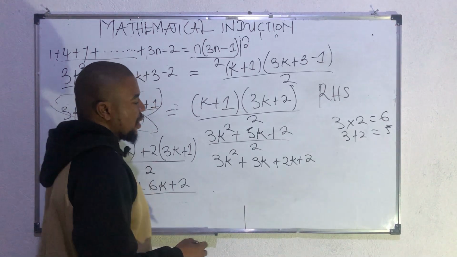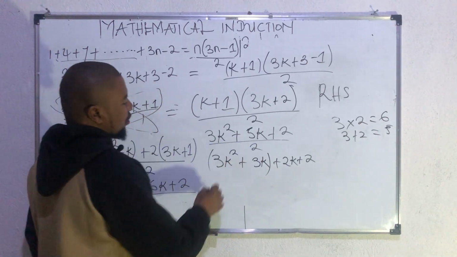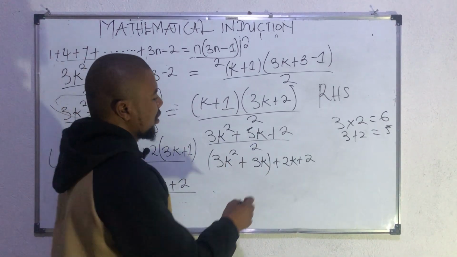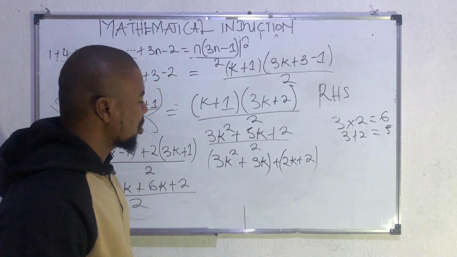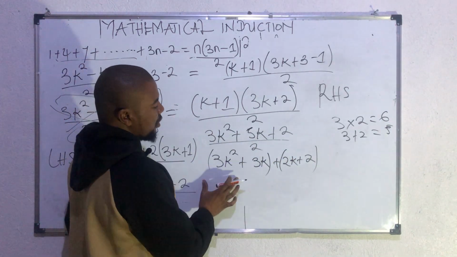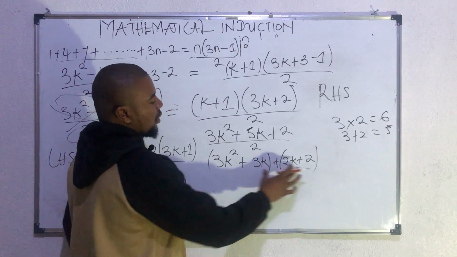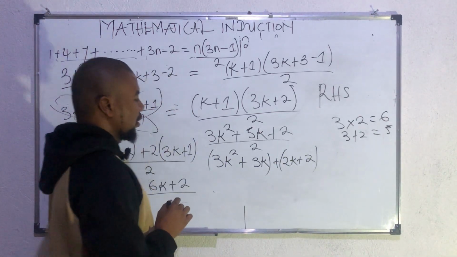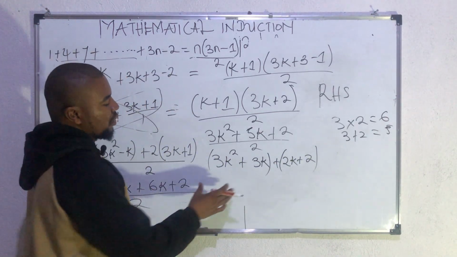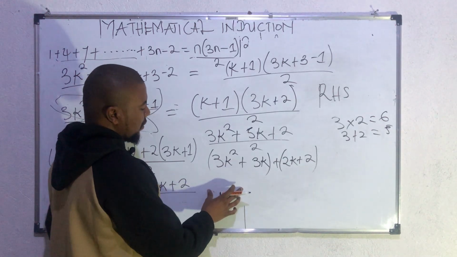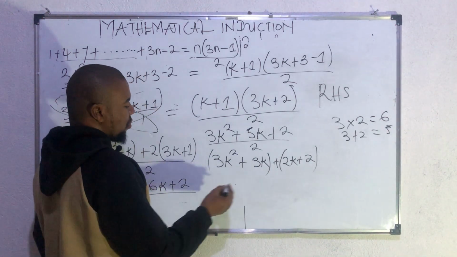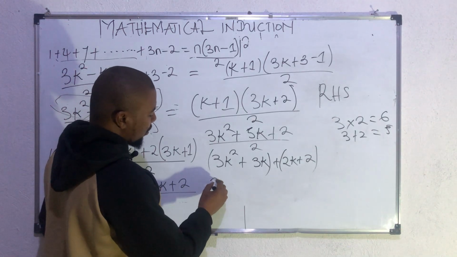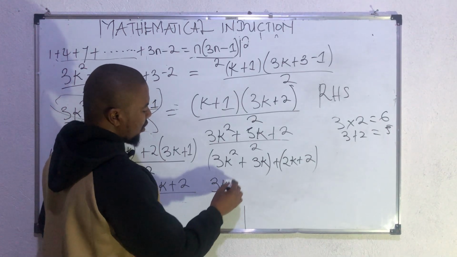Let's go ahead and factor it by grouping. Simply group the first 2 terms and the last 2 terms. These 2 here are the first 2 terms, and these are the last 2 terms. Let's ask ourselves what is common in the first 2 terms. 3 is common, k is also common. Hence, we can factor out a 3k.